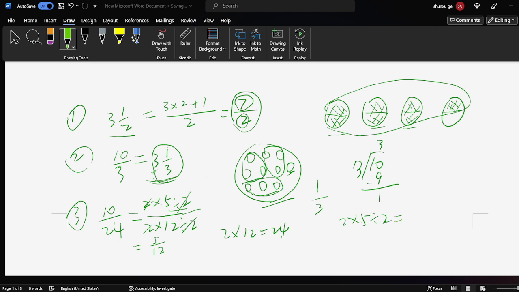So here usually it should be 2 times 5 is 10. 10 divided by 2 is 5. Okay, this is the normal method. So I can tell you another way. 2 times 5 divided by 2 equals 2 divided by 2 times 5.